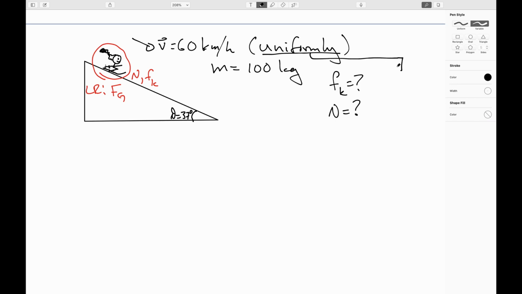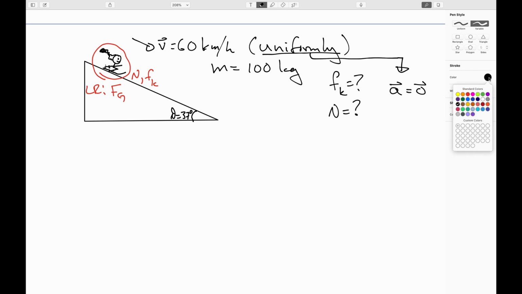Uniform motion, remember, means constant velocity, or importantly for us, that the acceleration is 0. So even though the skier is moving down the mountain, this is an equilibrium situation. If you prefer, you can call it dynamic equilibrium, but again, that's just a matter of taste.